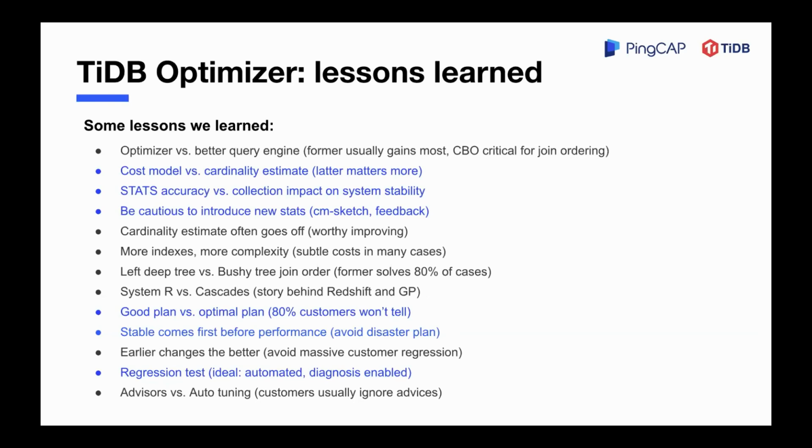That one is a good one, especially since several academic papers talk about it. But in reality, it can cause problems. Why? When the distinct values are huge, there are always hash collisions with this CM sketch. So when you introduce some new stats, you need to be very, very cautious about how it works in reality. That's a lesson we learned.